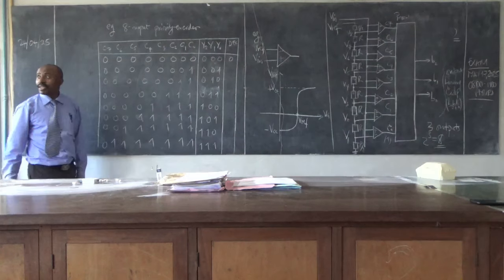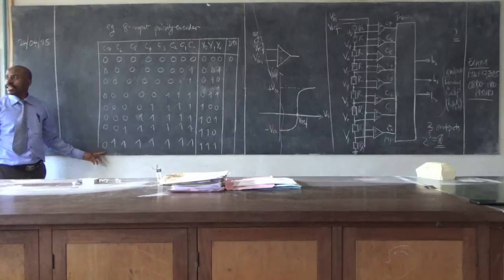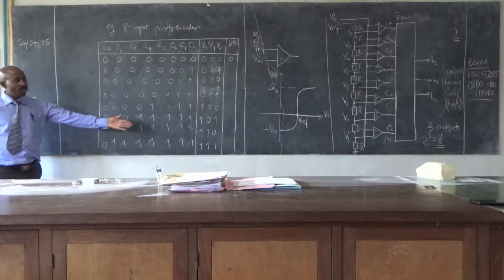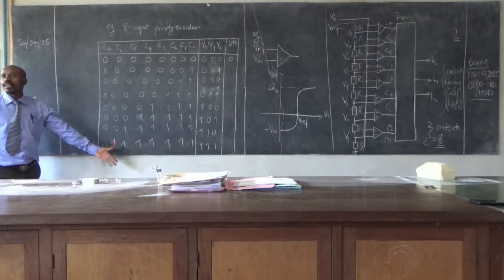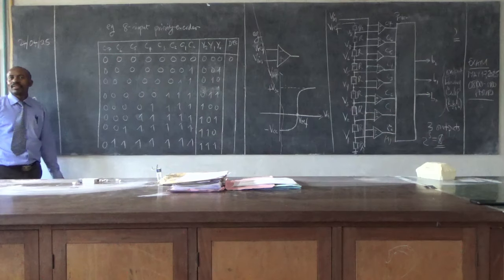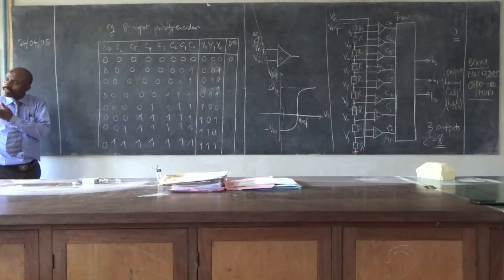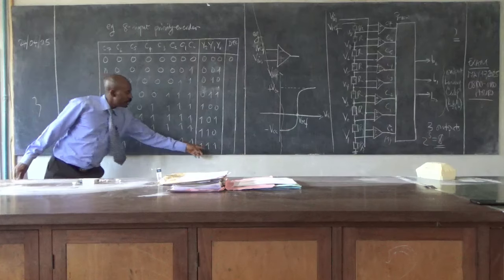You see why we can't have this one reaching that state of being 1, because we will have exhausted those combinations. We can't have any other combination. But 1, 1, 1, it's done. That's why it is limited to eventually giving us only these 3 bits.